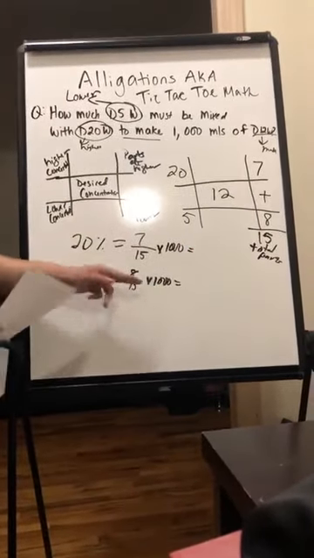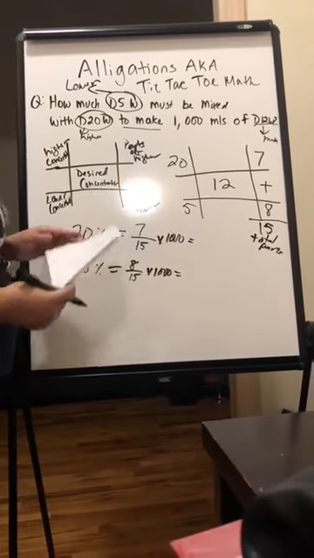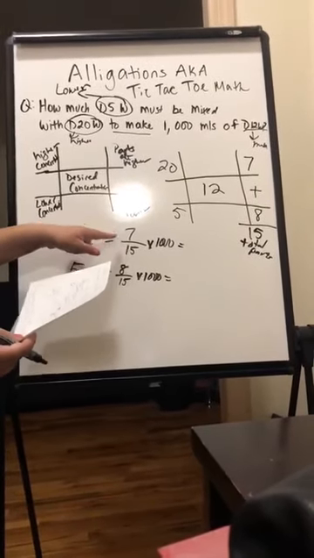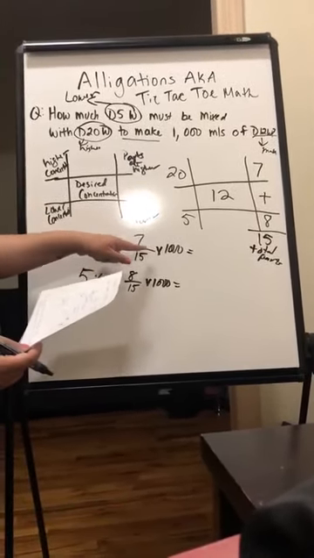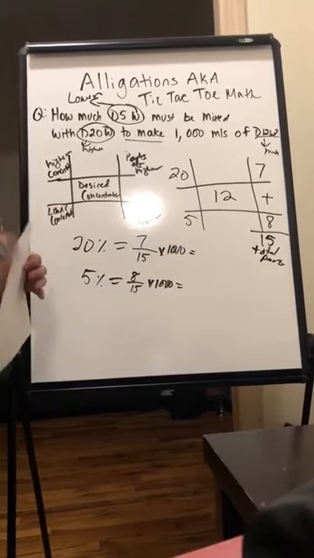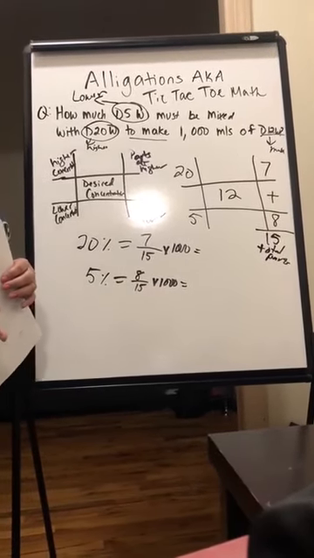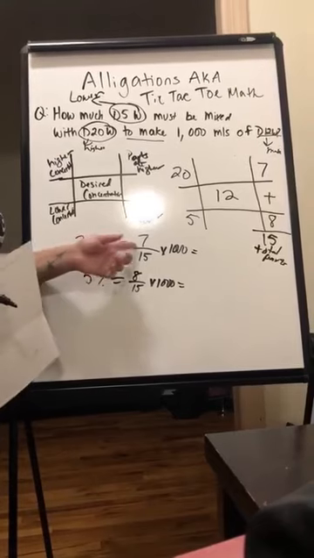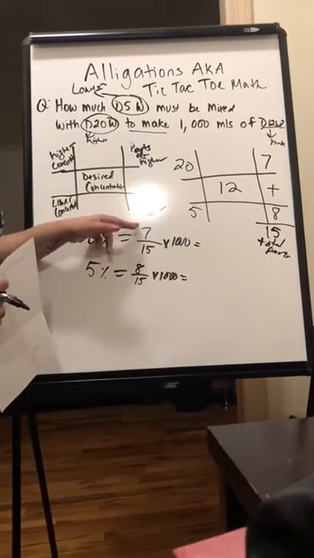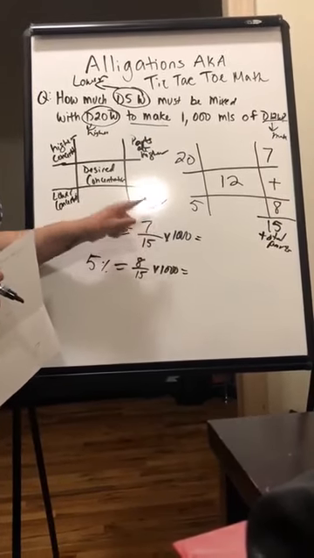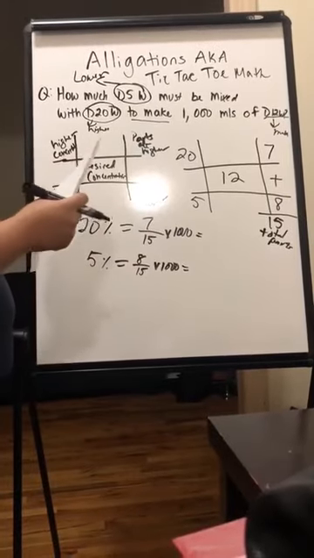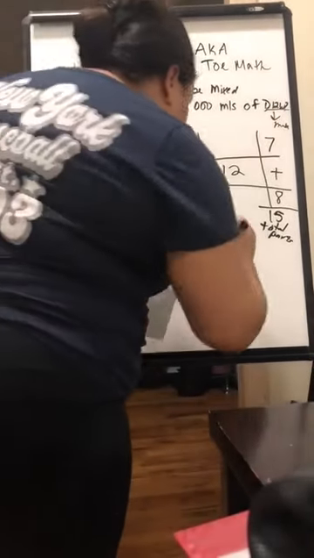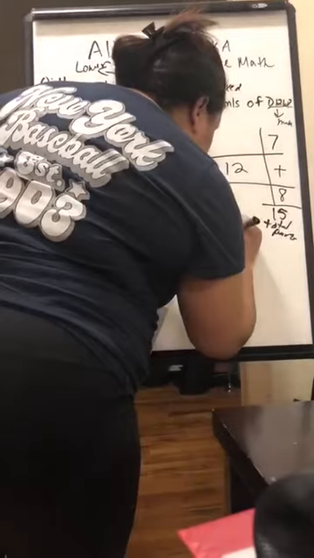For the 20%, you're doing 7 divided by 15 times 1,000. Remember, you put it directly into the calculator. You don't hit enter after 7 divided by 15. You just do 7 divided by 15 times 1,000. When you do that, you should get 466.6.